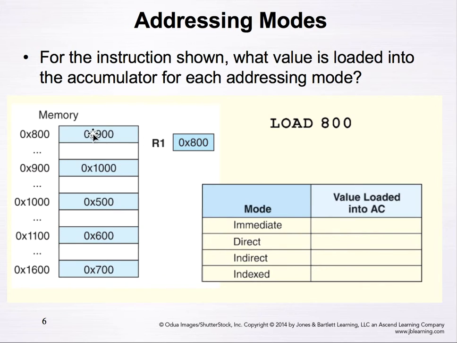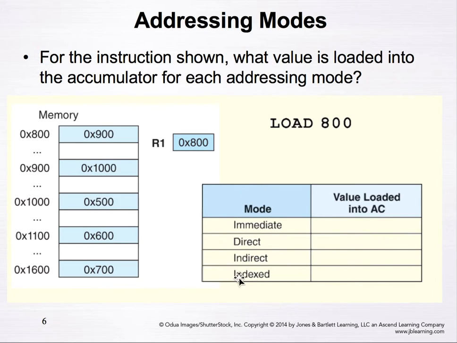These are hexadecimal values. We also have the register R1 with the value 800 in hexadecimal. So the question is, when we perform the load 800 instruction, what value will be loaded into the accumulator?